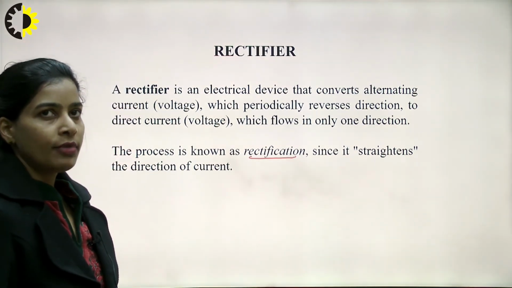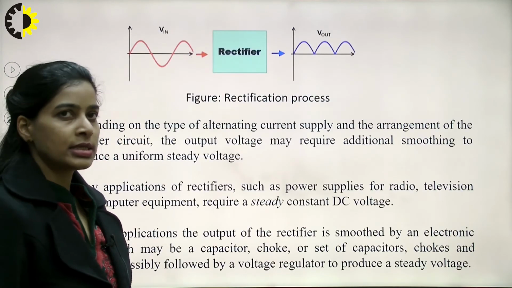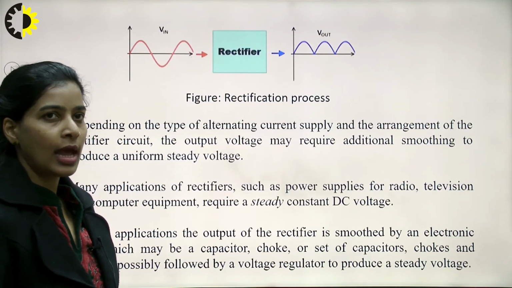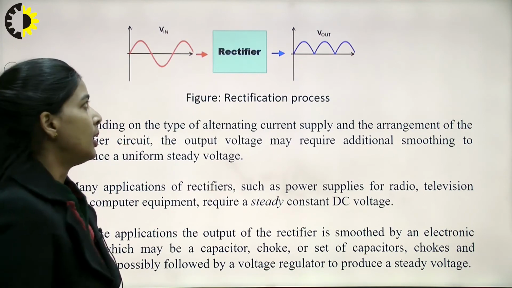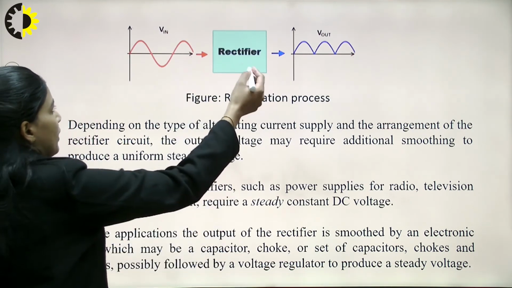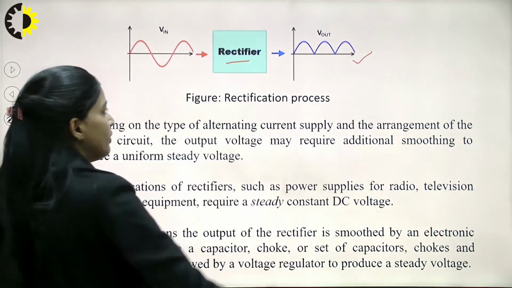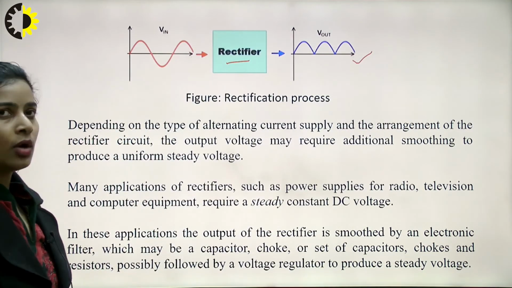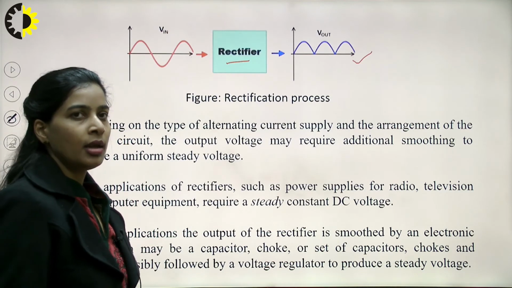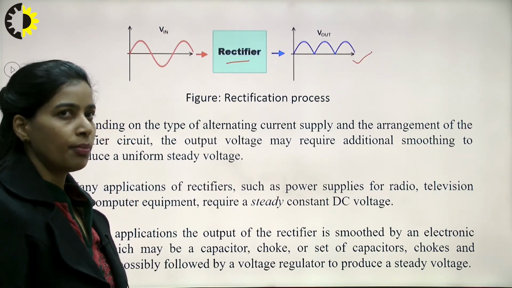We have two types of rectifiers, half wave and full wave rectifiers. Depending upon the type of rectifier, we get different outputs, and we will see in detail how the different types of rectifier behave for an input.